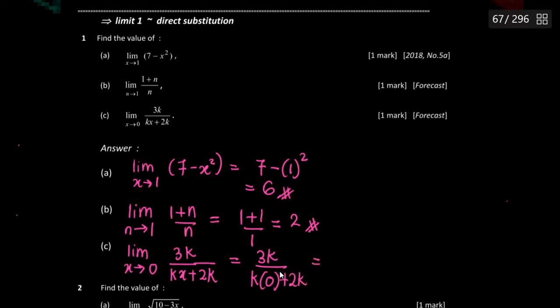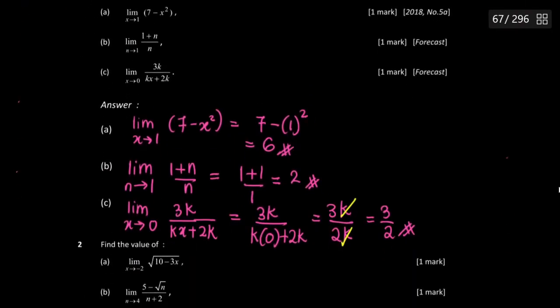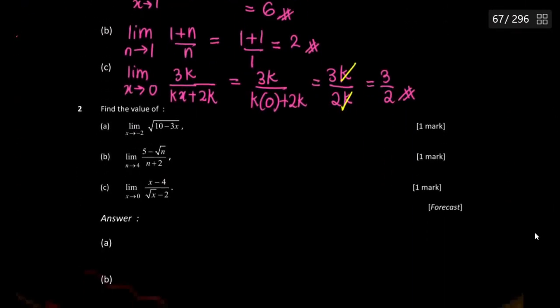As you can see here, it already becomes 0. So you're left with 3k over 2k. Anything that you can simplify here, simplify. K can cut. So our final answer is 3 over 2. This one is quite straightforward. Okay, so for number 2, also the same.